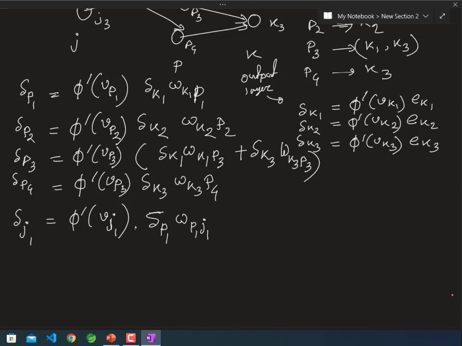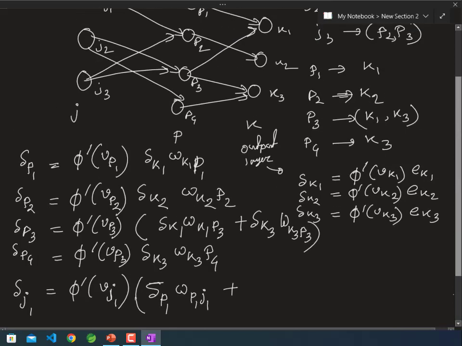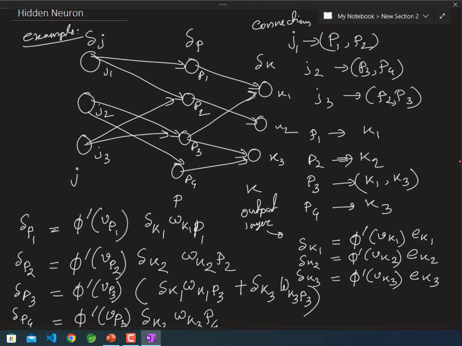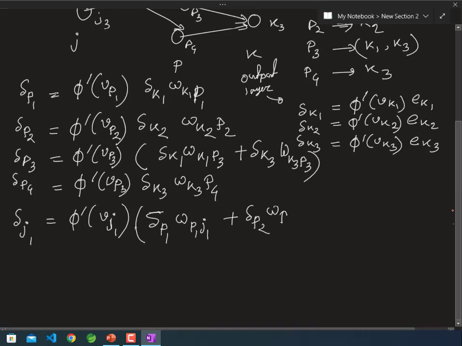So delta P1 W of P1 J1, and it is rewritten as here. Plus, this is summed up because it is connected with two P, P1 and P2, and it is rewritten as J1.